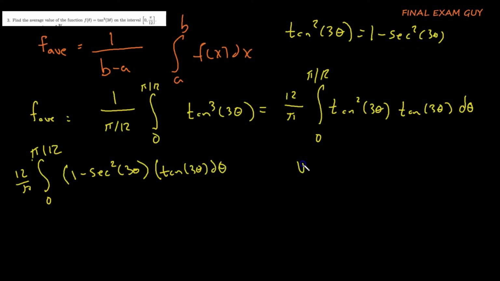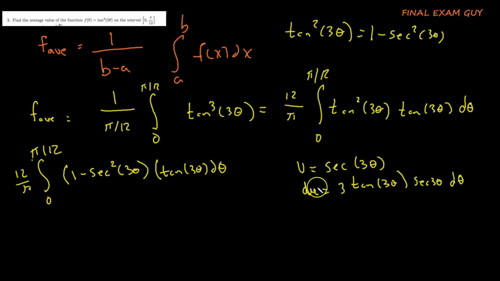Now if I make my substitution, u is equal to secant 3 theta. I'm assuming you know how to do basic derivatives, or else you wouldn't be doing Calculus 2. So our derivative would be 3 tan 3 theta secant 3 theta d theta.